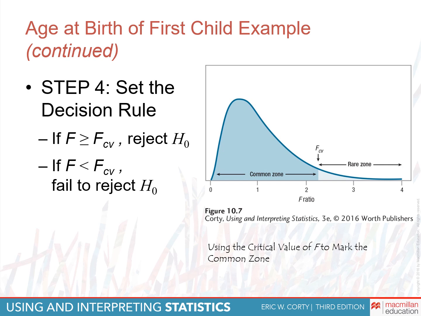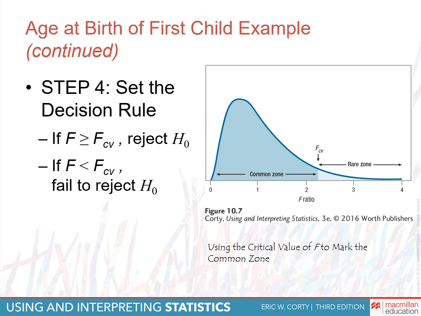Now it's time for our next step, which involves setting our decision rule. So with our previous test, what we did was calculate a critical value of t and then compare that to some test statistic t, and we used that to decide whether or not to reject the null hypothesis. With ANOVA, we're not calculating a critical value of t.